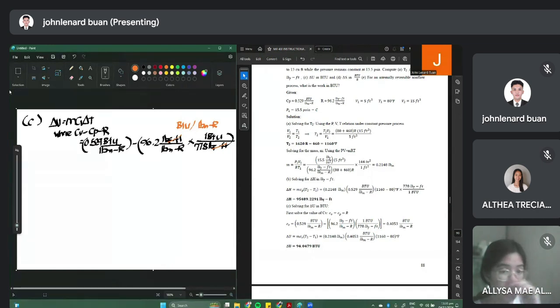So, 0.529 minus 96.2 divided by 778. That will give us the value of CV, which is equal to 0.405396144 BTU per pound mass Rankine.